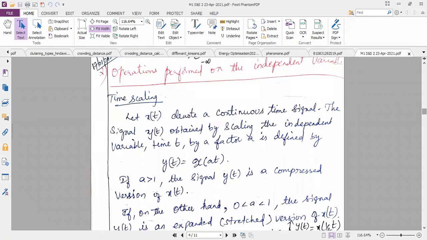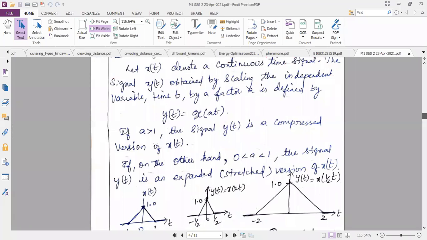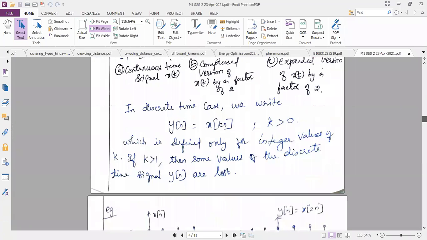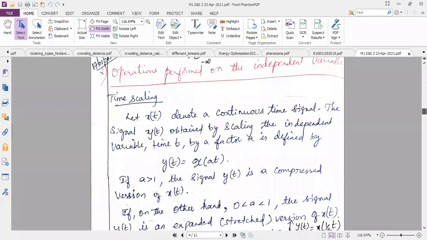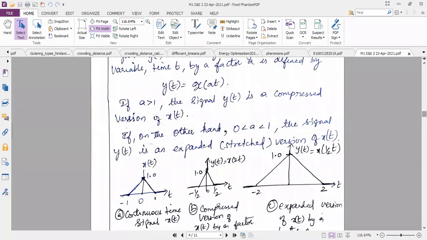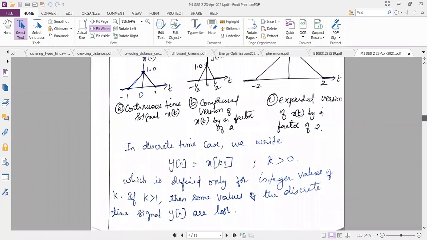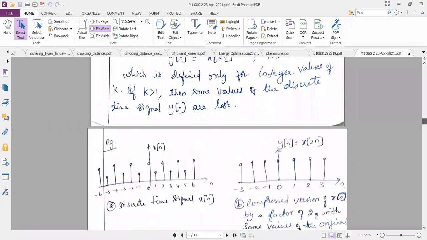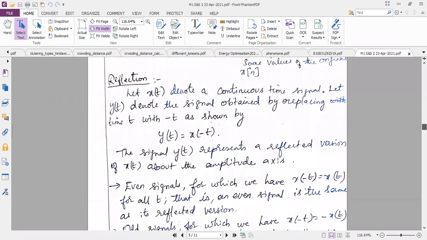Depending upon the scaling factor A in case of continuous time signal, K in case of discrete time signal, the signal can be a compressed version or it can be an expanded version. I hope you will solve the problem if they give under this topic. Okay. So now we will discuss the continuation.